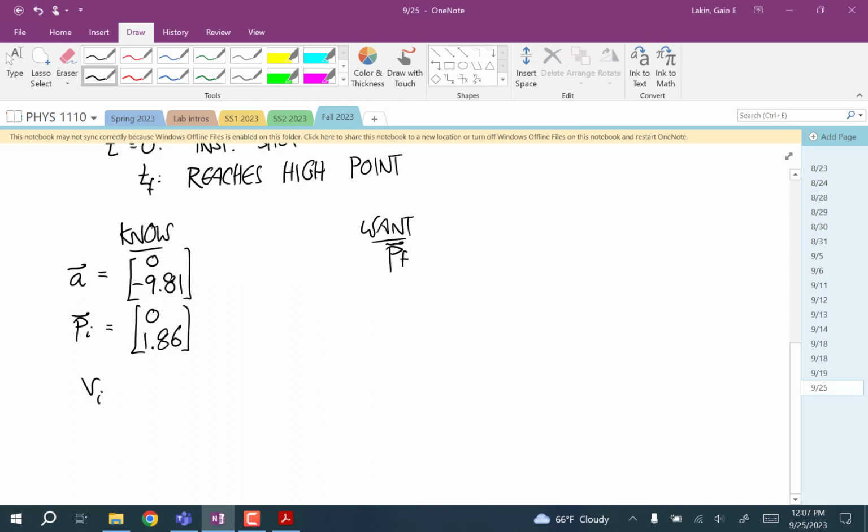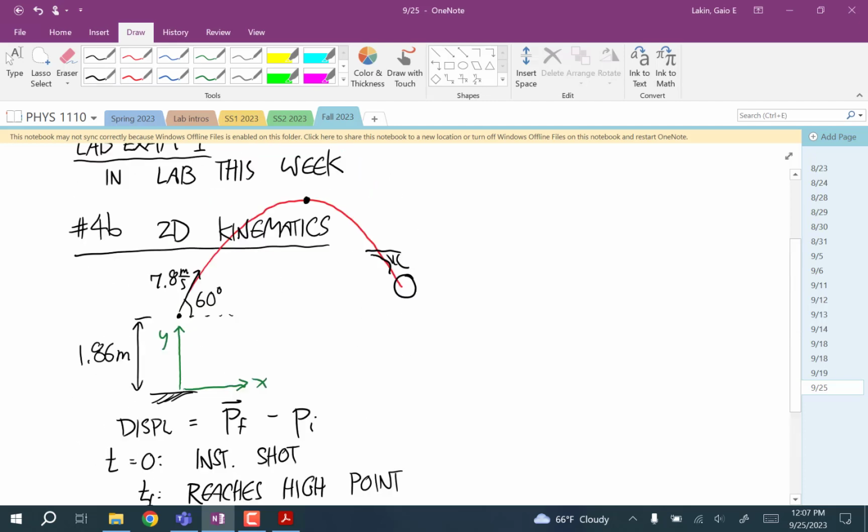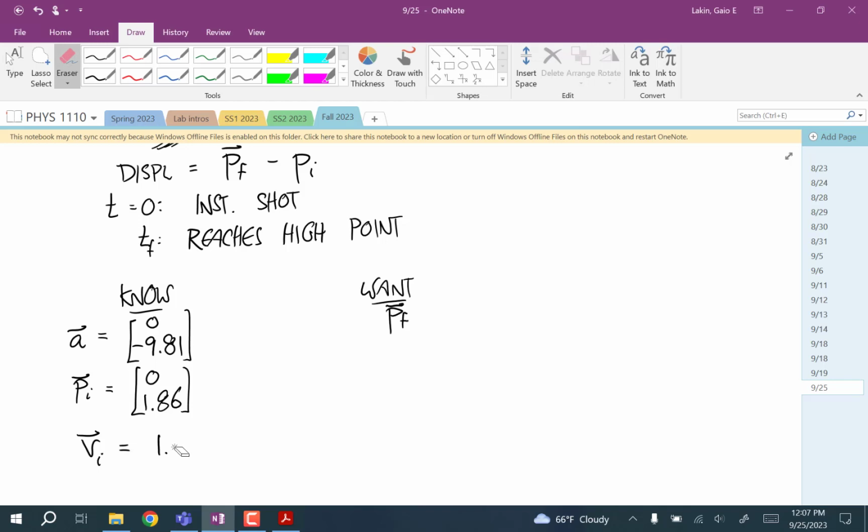V initial is 7.8. That's the speed times the cosine of 60 and the sine of 60. Can someone multiply those two out for me? What's 7.8 times the cosine of 60? Oh, I can do the y one. That's 3.9.